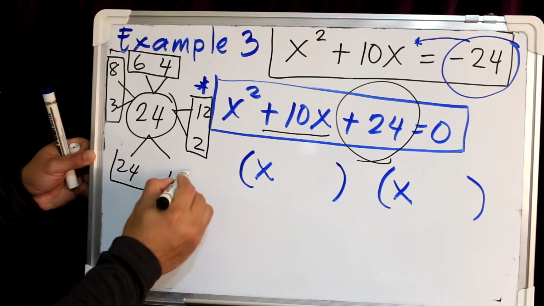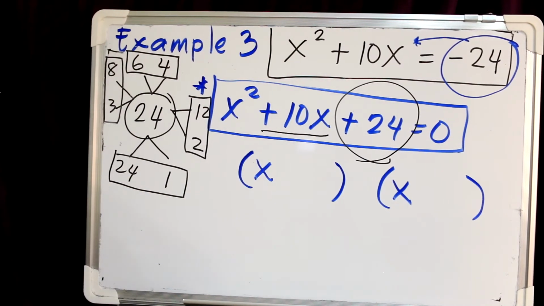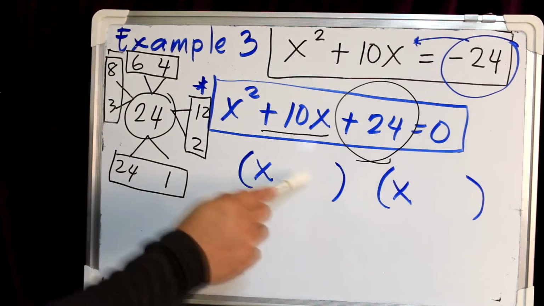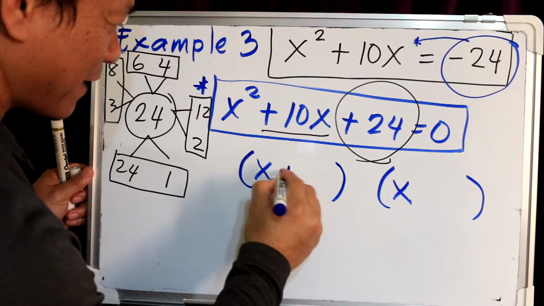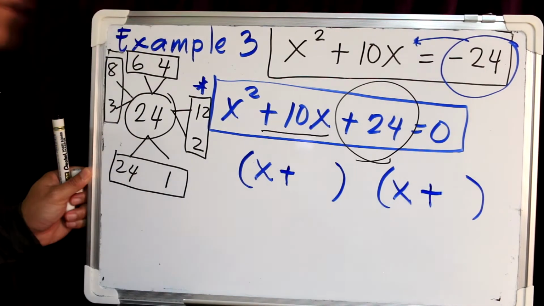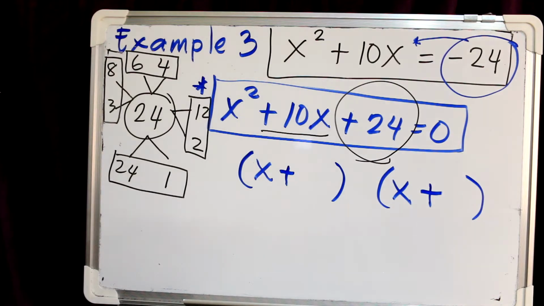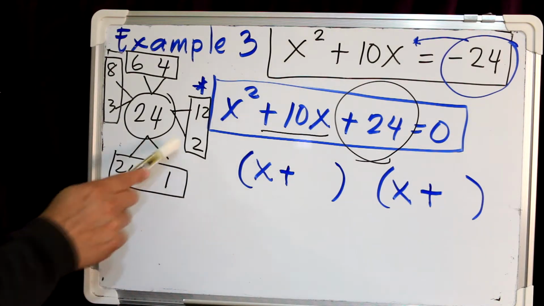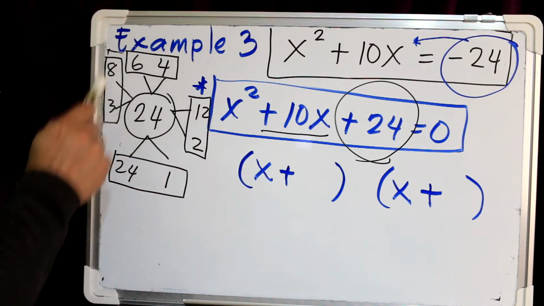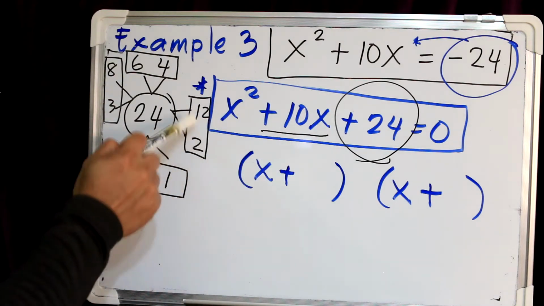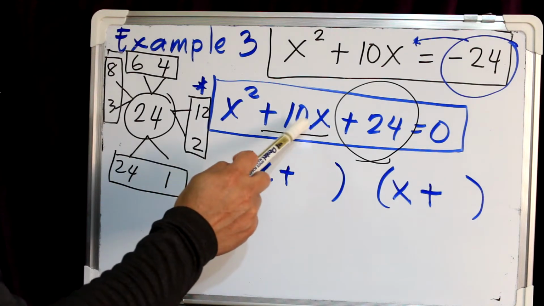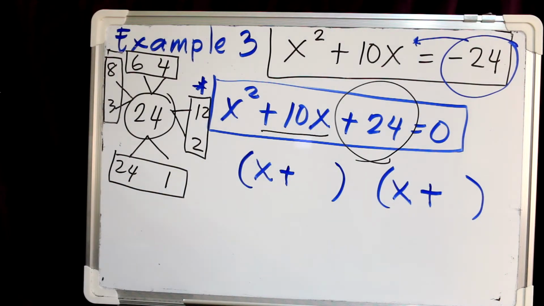So these are our guide on what to write on these numbers here. It's all plus, similar to the first one, so that means we can write plus and plus also. Now the question is, which of these factors of 24 can we add and it becomes 10?